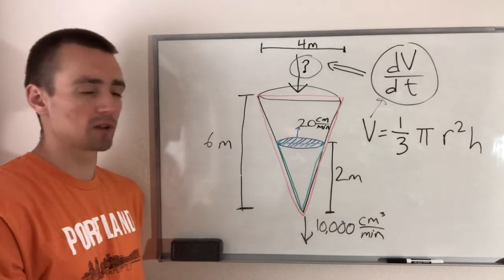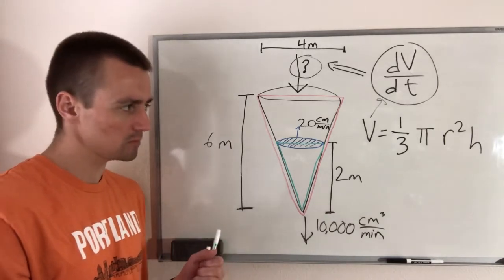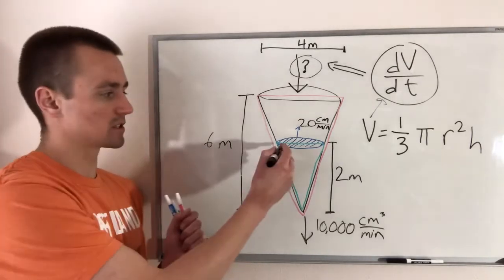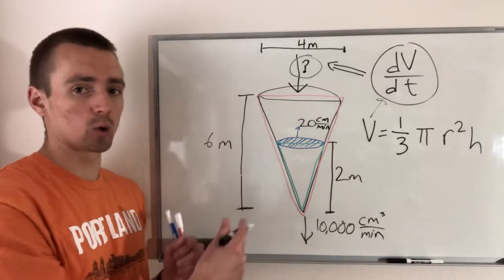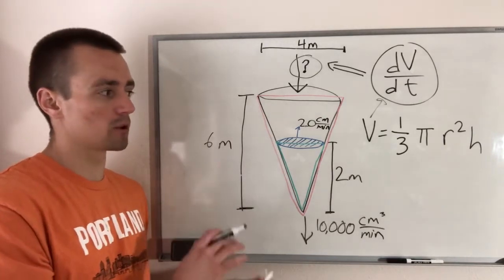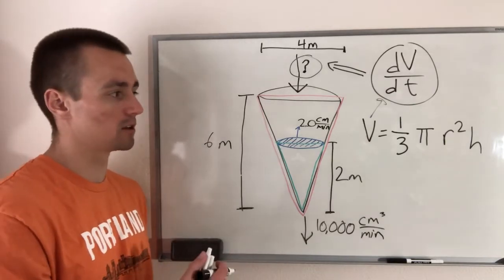We don't know how to deal with dr/dt, based on the information we were given in the problem. If they had given us information about how quickly the radius of this cone is changing instead of the height, then we would want to convert to radius so that we would have dr/dt instead of dh/dt, and then we would know how to deal with it.